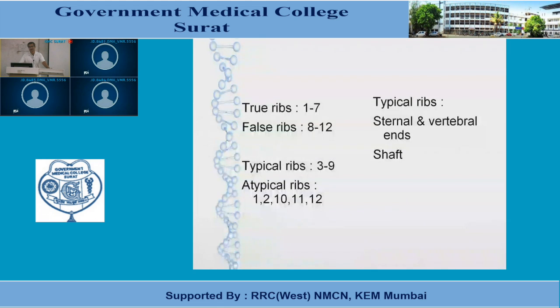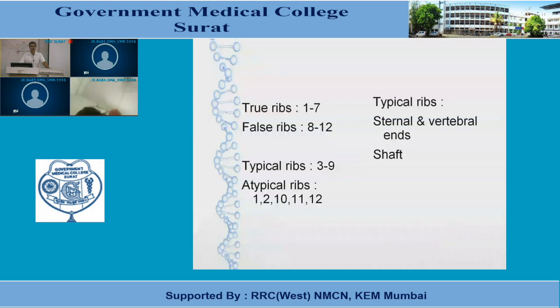Again, these ribs are classified according to their structure. How? Typical ribs and atypical ribs. What is meant by typical ribs?